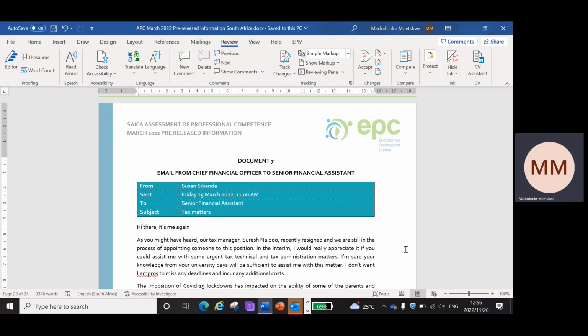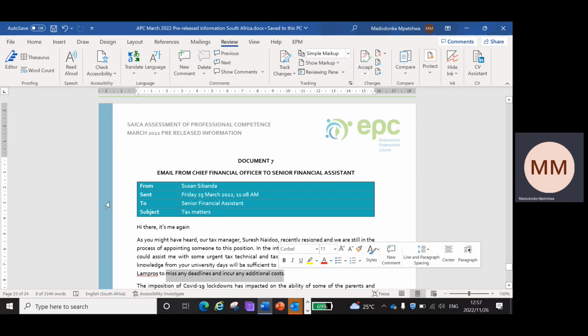Now, the other thing which is key is that you then see that the CFO then says they don't want to miss any deadlines and they don't want to incur any additional costs. So from my perspective, I already think of that and say, okay, from an administrative perspective, what are some of the deadlines that a company has when it comes, for example, to income tax, when it comes to VAT, and when it comes to things like provisional tax, when it comes to things like employees tax?